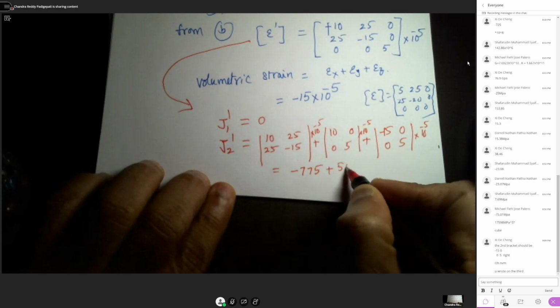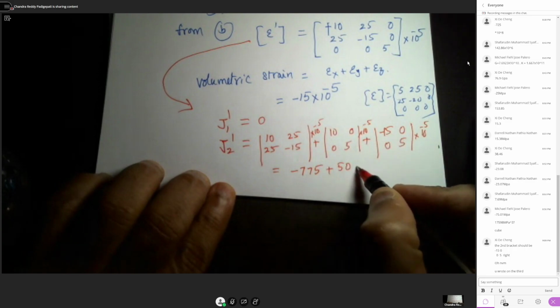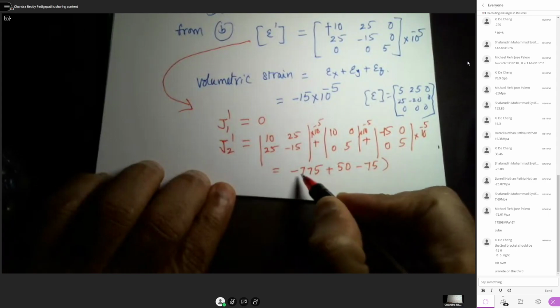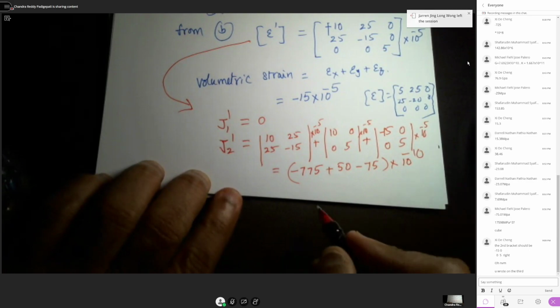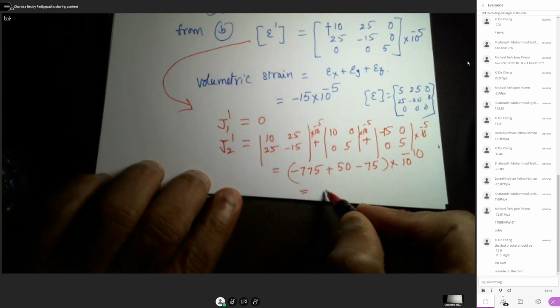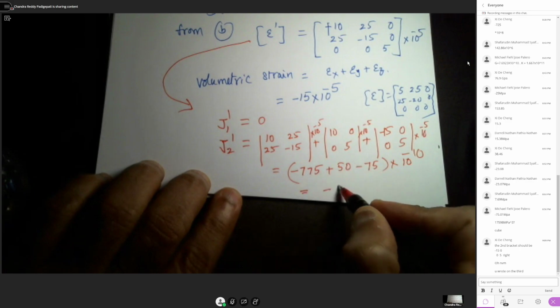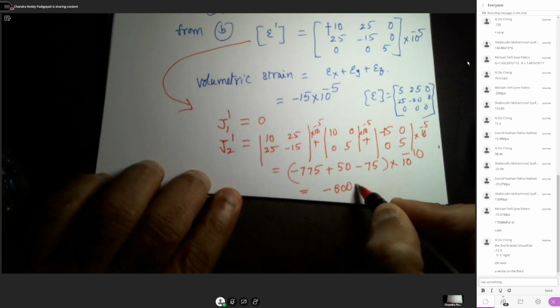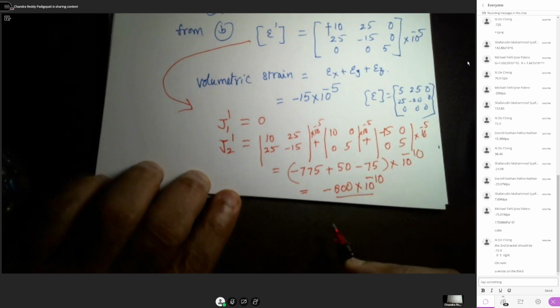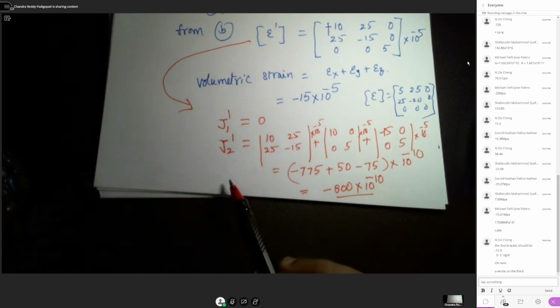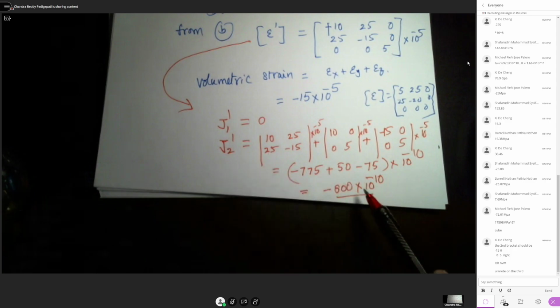This one will be 50, and this one will be negative 75. I can just multiply the whole thing with 10 to the power minus 10. So this will give me minus 800 times 10 to the power minus 10. This will be my second deviatoric invariant, J2 dash.